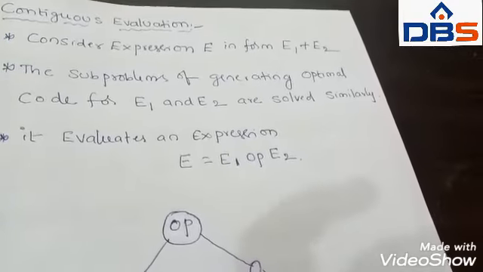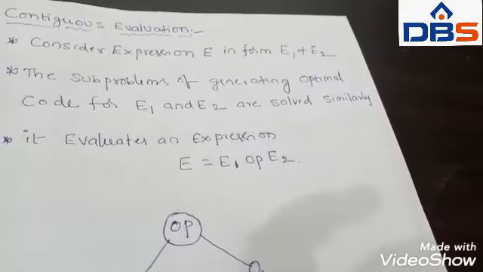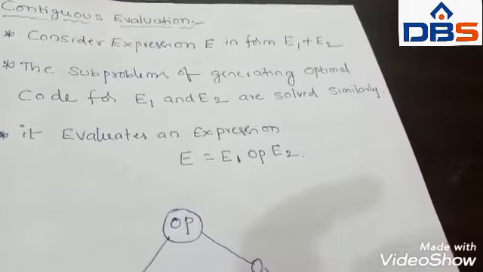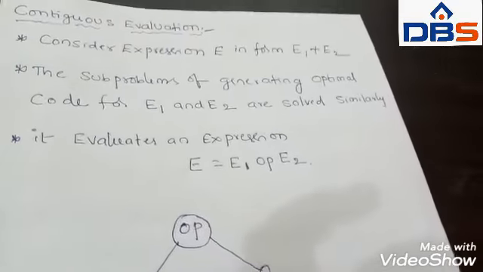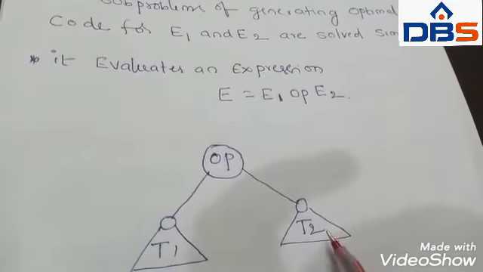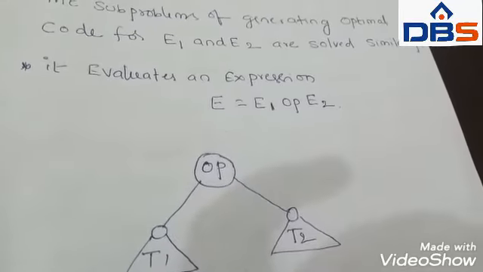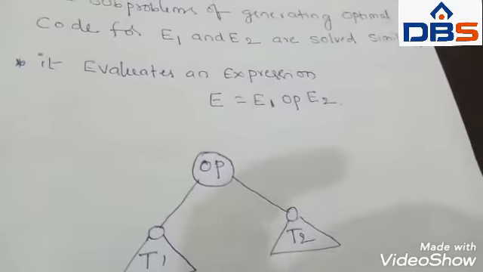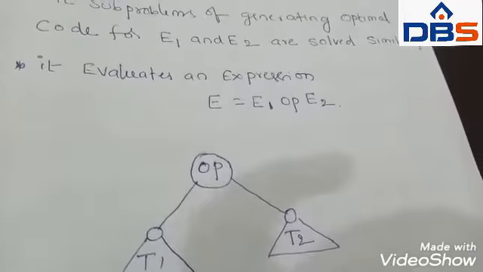We can appreciate what this means by looking at the syntax tree T for E. That is OP, with subtrees T1 and T2. Here T1 and T2 are trees for E1 and E2 respectively.